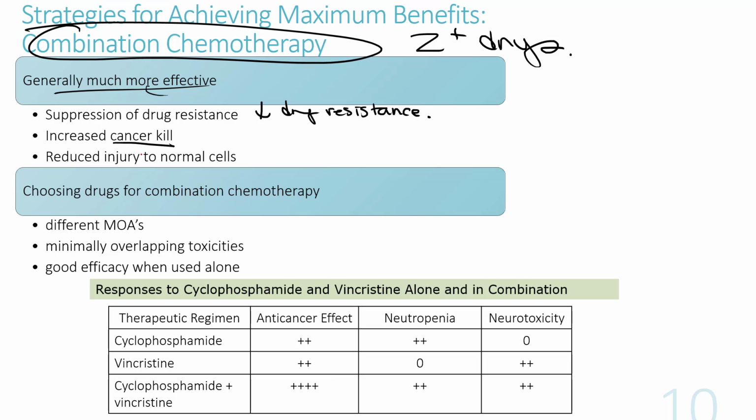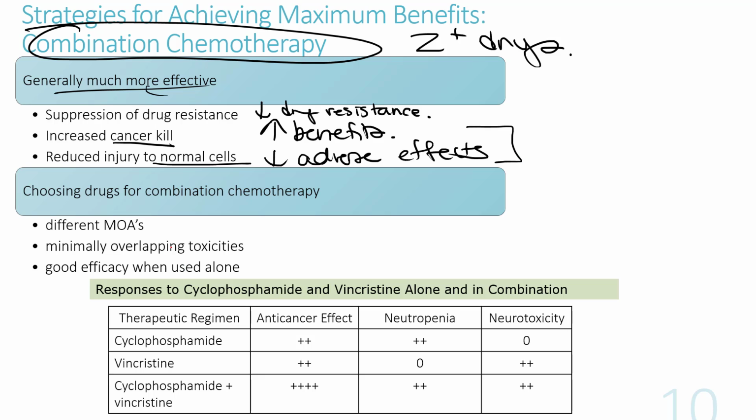So it increases cancer kill rate, and it also reduces injury to normal cells. So you have less adverse effects, and you have increased benefits, right? So this is what you want, all right?